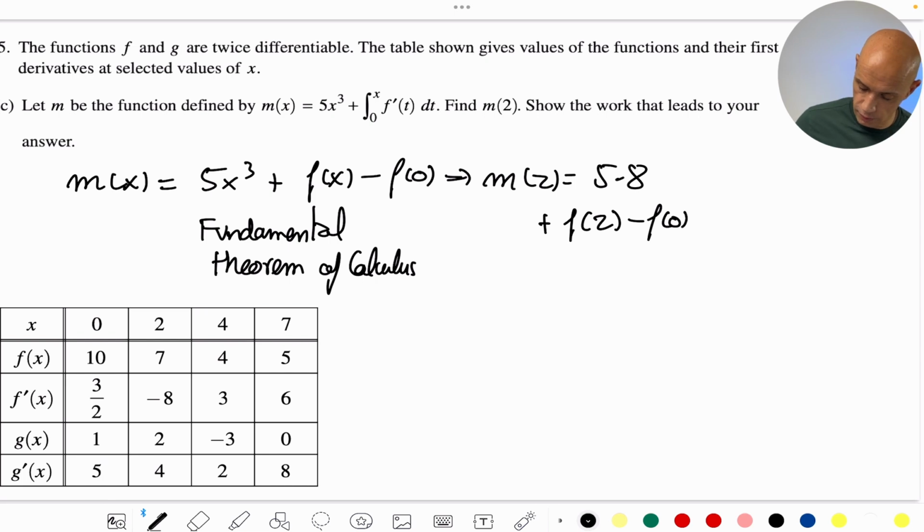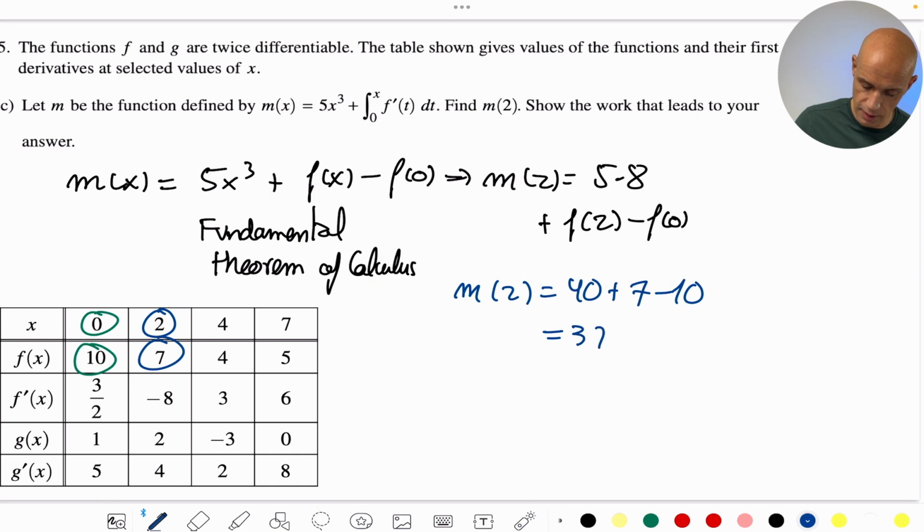Be very careful here, because we have f of 2 and f of 0. Let's use 2 colors. You don't need to use different colors when you are doing the exam, but just be very careful. So m of 2 is going to be 40 plus 7 minus 10. So it's going to be 37, right? Okay, that's the answer. That's all.